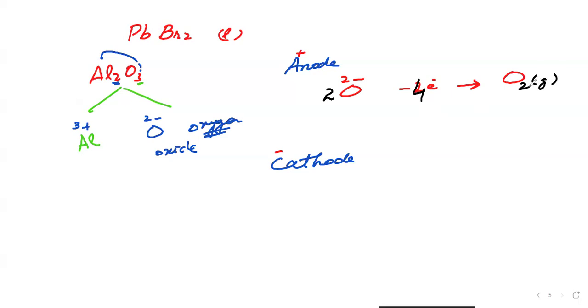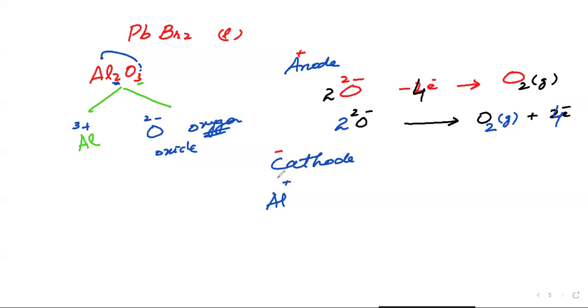So this is the oxidation half equation. Or I can write like this: this oxide ion will lose 2 electrons and convert into oxygen atom. Oxygen is diatomic, so here I put 2 to make it balanced, then I have to put 2 here. So 2 oxide ions will lose 4 electrons and we get oxygen gas. This is the way to write oxidation half equation.